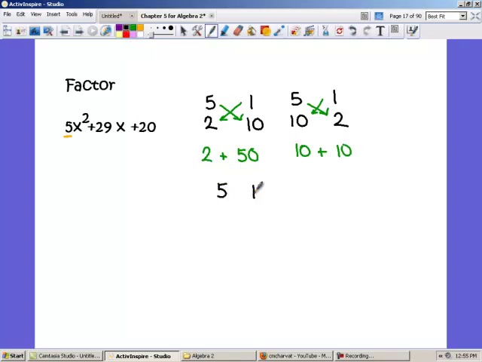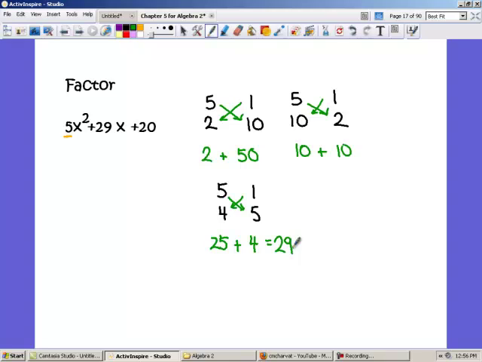I'm going to try 4 and 5. Okay, so cross multiply. We have 25 and 4. If we add those up, we finally get 29. Okay, so we found it. And this is why this one takes a little longer. So when your a is more than 1, it'll take a little longer to find out the factors.